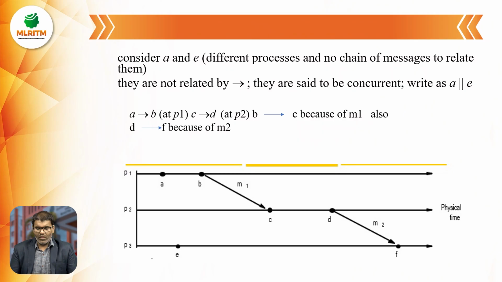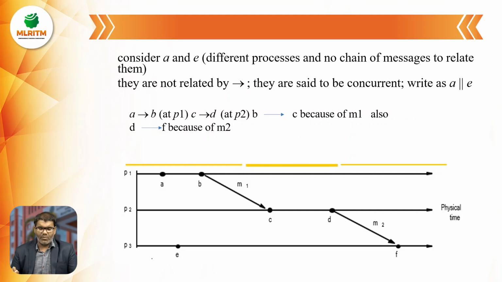Considering A and E, these two events are in different processes, and there is no chain of messages relating them. So A to E or E to A will not happen, since there is no chain of sending messages.